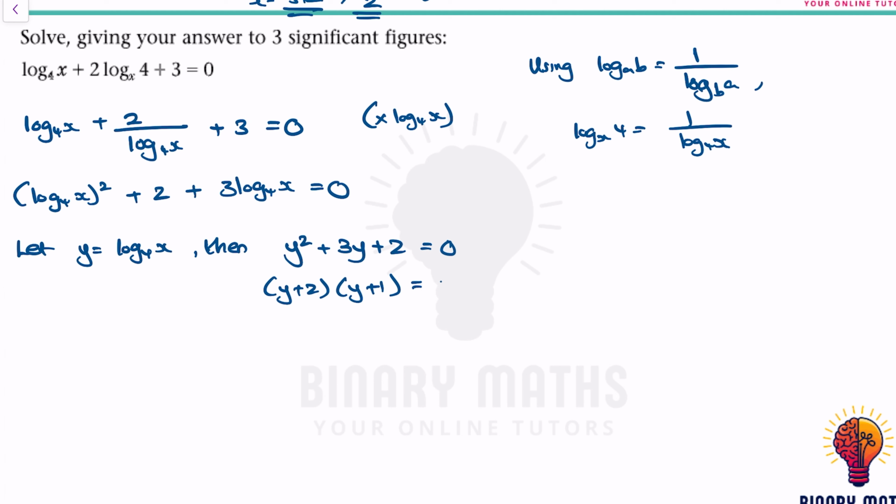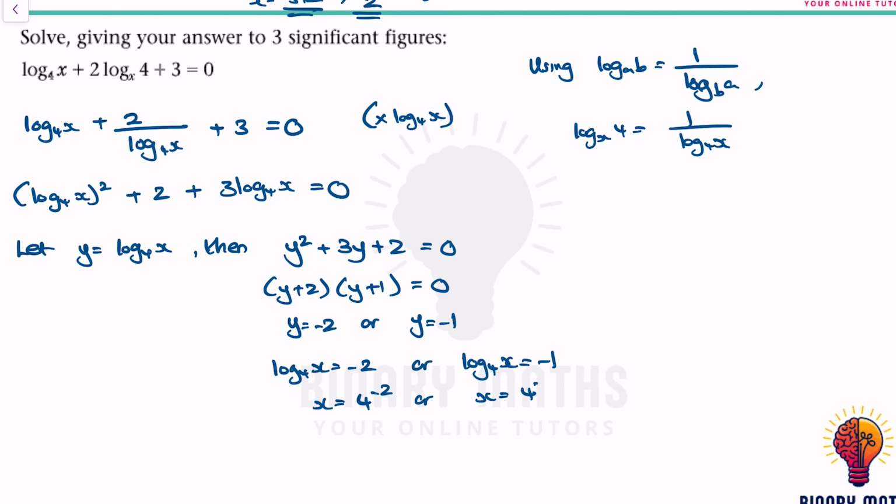y plus 2 times y plus 1, which means y is equal to negative 2, or y is equal to negative 1, which means log base 4 of x is equal to minus 2, or log base 4 of x is equal to minus 1. x will be equal to 4 to the power of minus 2, or x will be equal to 4 to the power of minus 1, which means x is equal to 1 over 16, or x is equal to a quarter. x is equal to 0.0625, or x is equal to 0.25.